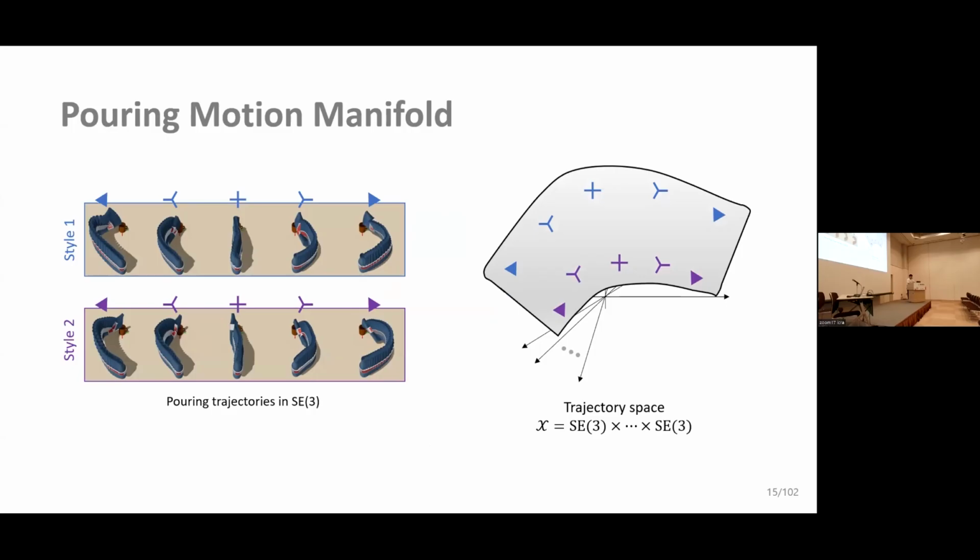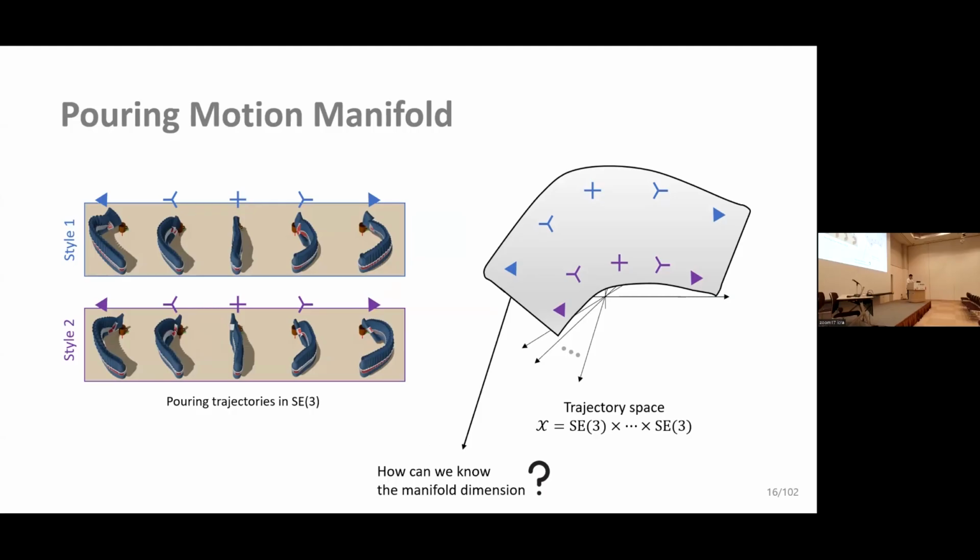But they do not occupy the entire space. It is reasonable to say that they rather lie on some much lower dimensional subspace or a curved manifold. And we may be able to identify this manifold and use it to learn a motion distribution.